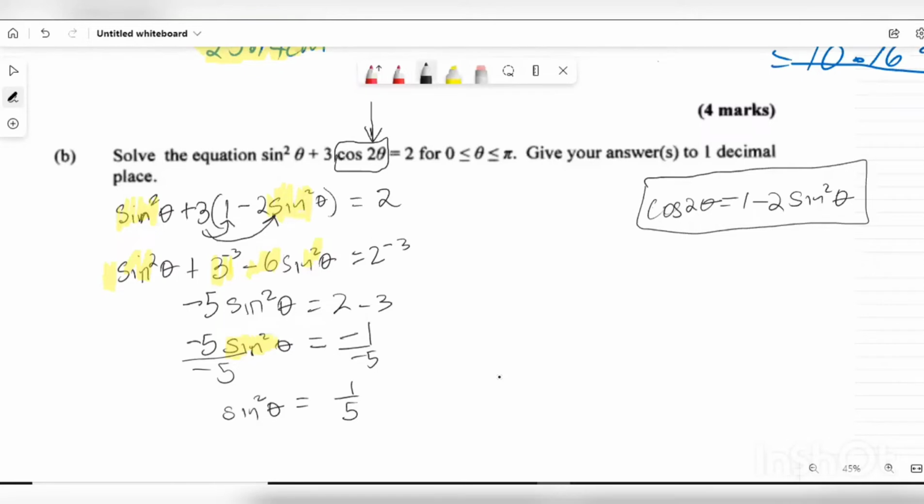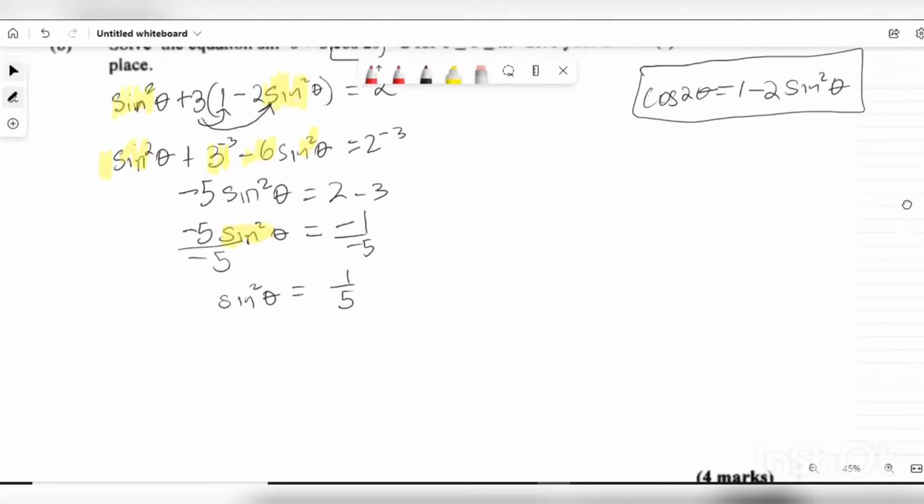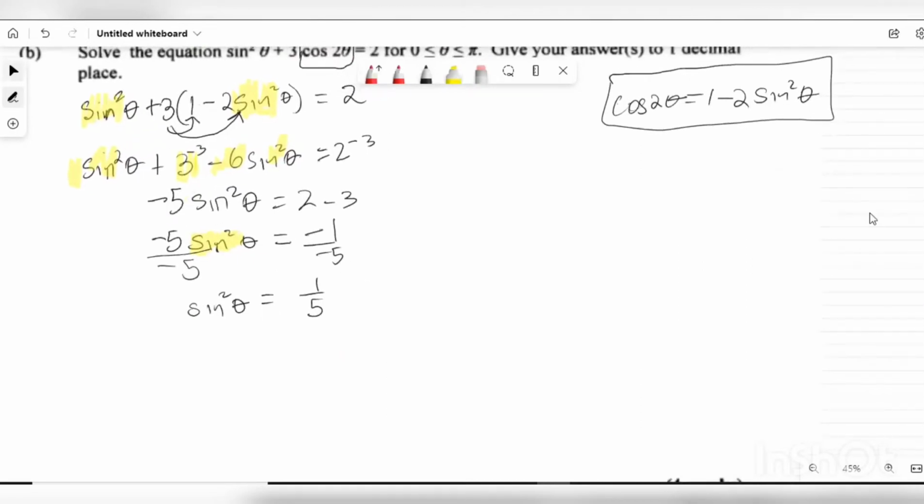And at the same time, we intend to get rid of the square, because a lot of times people don't realize that sine square theta really means sine theta square. That's what it really means. So in order to get rid of the square, we're going to have to take the square root of both sides.